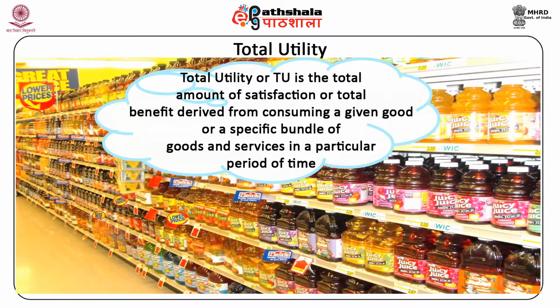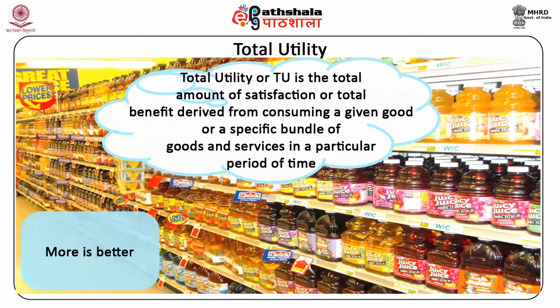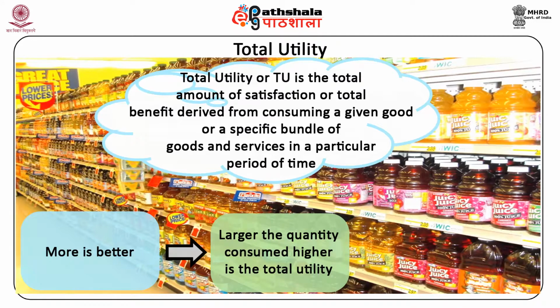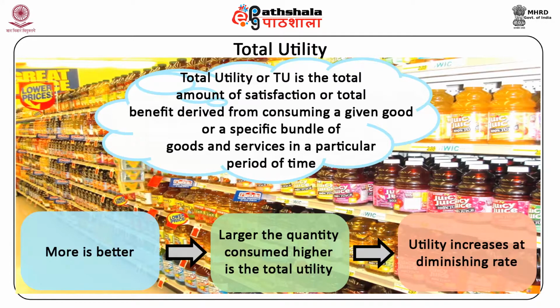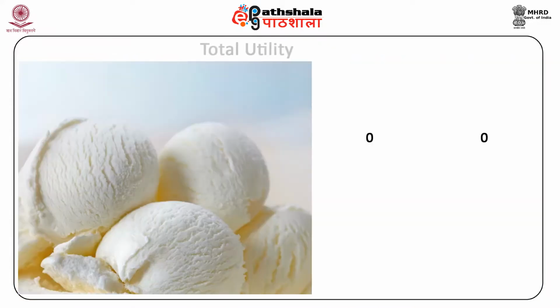In general, it is assumed that consumers find more is better. That is, larger the quantity consumed of a good, higher is the total utility. However, utility increases at a diminishing rate as consumers consume more and more of a good. This is demonstrated in the following example.